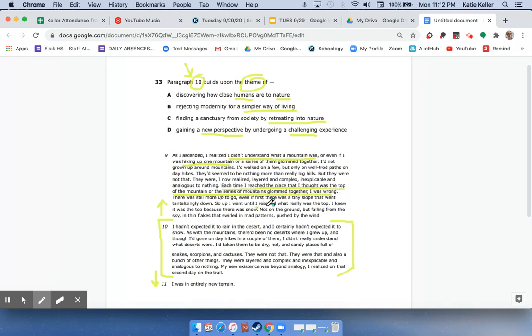Then she reaches the top, and it's got a lot of snow and wind. And then in paragraph 10, it talks about the rain in the desert. It talks about the mountains. It describes the desert as dry, hot, and sandy, full of snakes, scorpions, and cactuses.